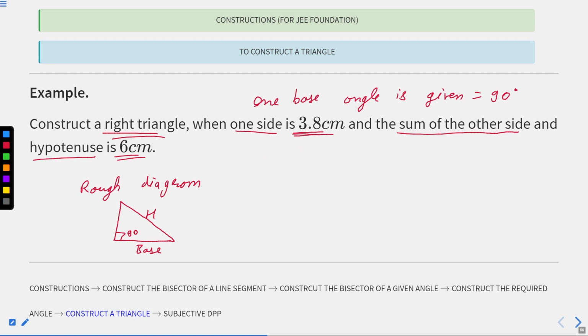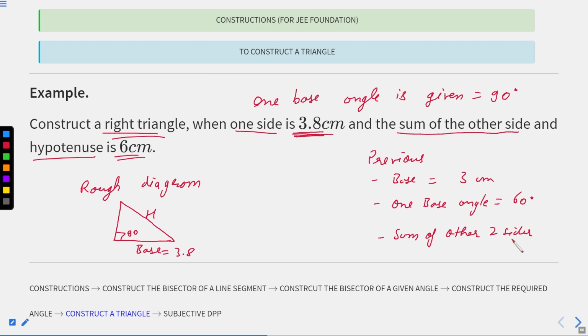So take the base as 3.8 centimeters. In the previous one we took 3 centimeters as the base. Let me give you a comparison of the previous question and this example. In the previous one the base was 3 centimeters, one base angle was 60 degrees, and the sum of the other two sides was 8 centimeters.